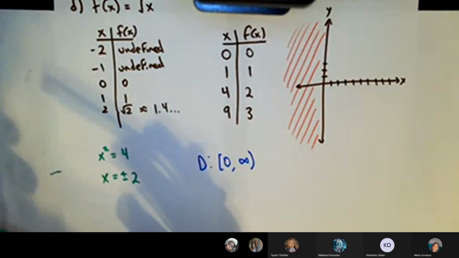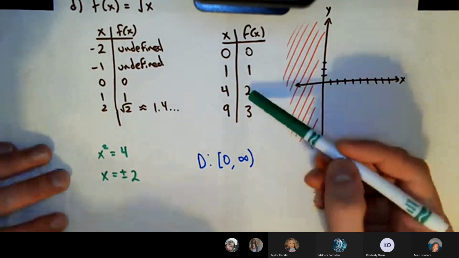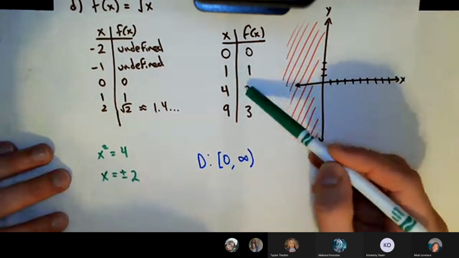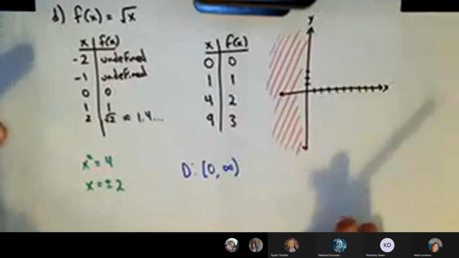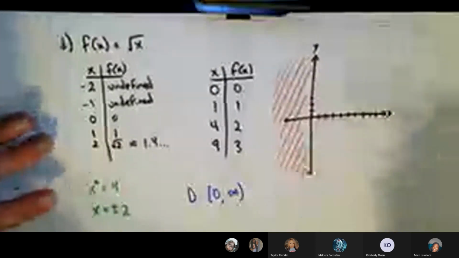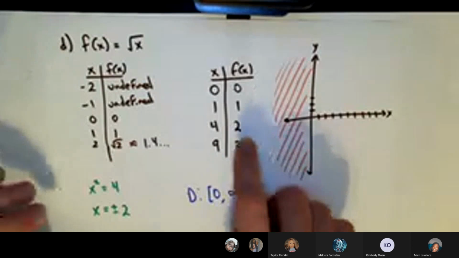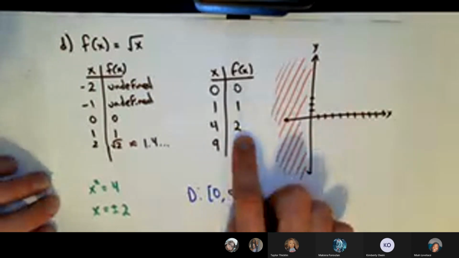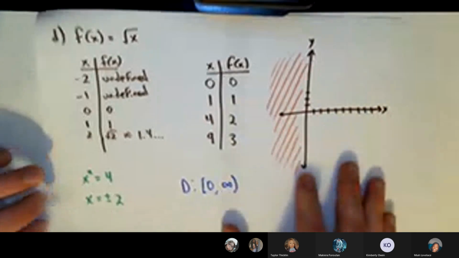So we all collectively agree to just take the positive value, the 2, instead of the -2, to maintain the idea that this is a function and behaves as a function should. Since we're only taking the positive outputs, we will never go down here into the negative y values either. So here's what I'm going to say.